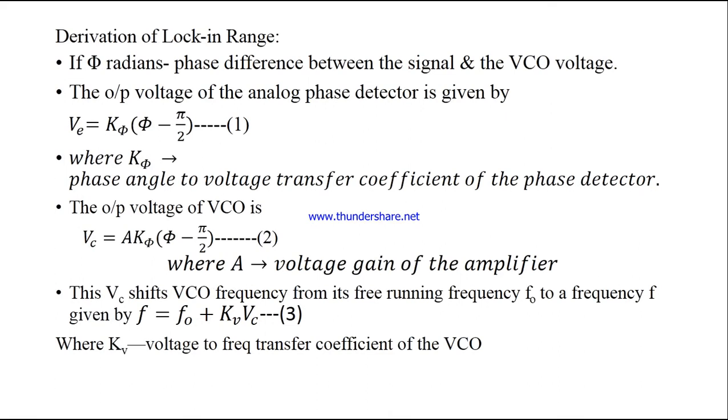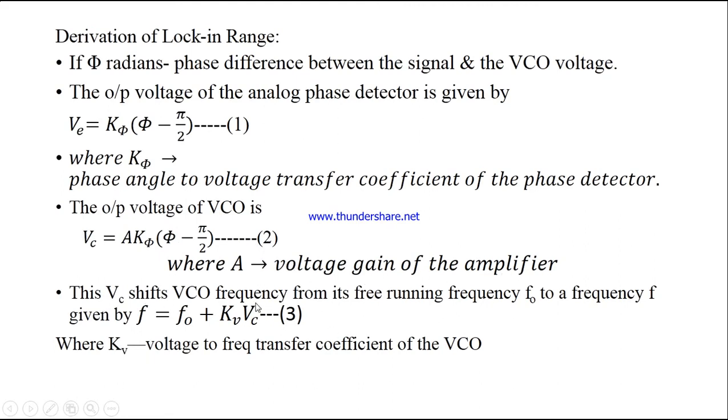If phi is the phase difference between the signal and the VCO voltage, the output voltage of the analog phase detector is given by the equation Ve, where K phi is the phase angle to voltage transfer coefficient of the phase detector. The output voltage of the VCO, Vc, is given by equation 2, where A is the voltage gain of the amplifier.